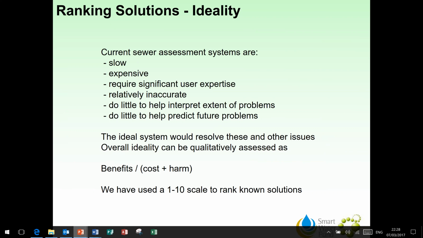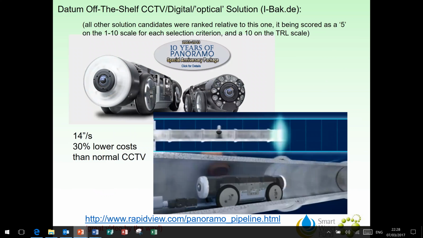And the one that we used, on advice from Smart Water Fund at the time, was this Panorama solution. So CCTV and basically a robotized pig that goes into the sewer, quite well known in this part of the world, pretty good reputation, and so that became our benchmark.